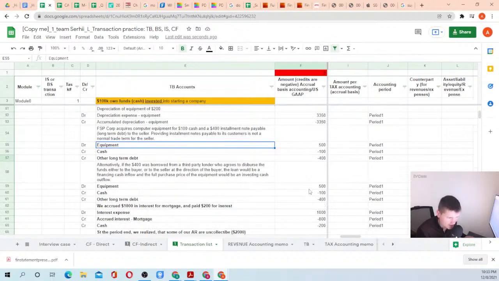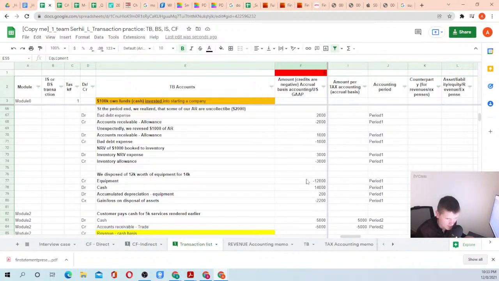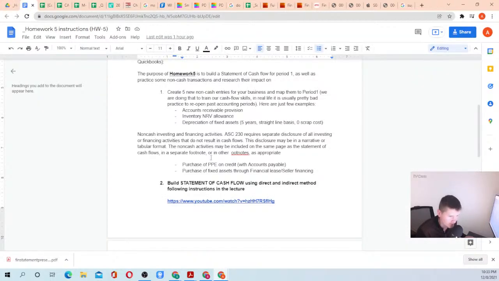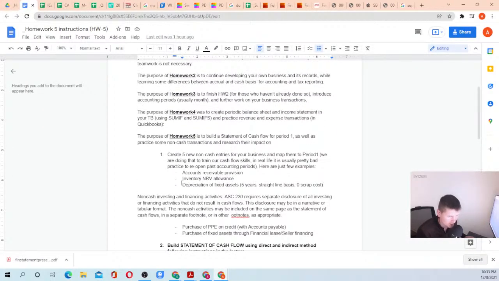In the transaction list, we depreciate our fixed assets over 5 years and each year is 12 months. So I got a question about why we divide depreciation by 5.